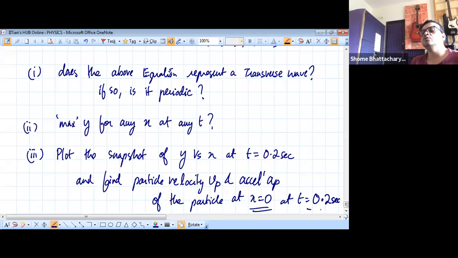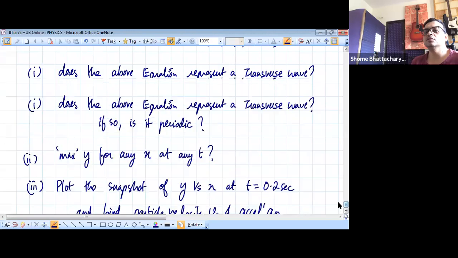So at this moment of 0.2 seconds, what is the particle velocity and particle acceleration of the particle which is at the origin?